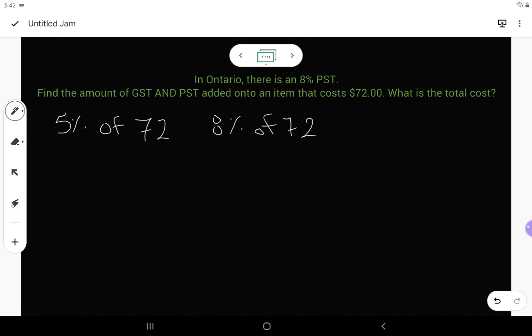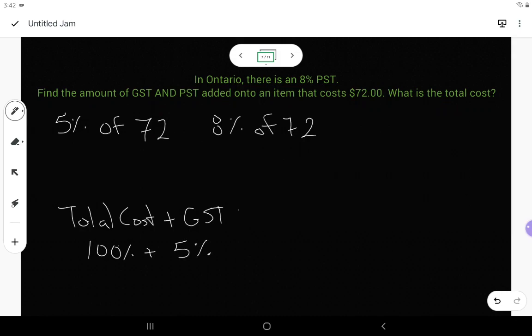I'm going to go around and just show you the total cost.